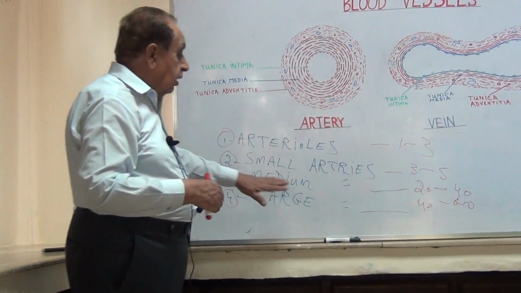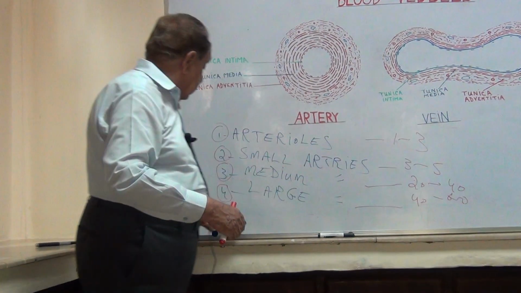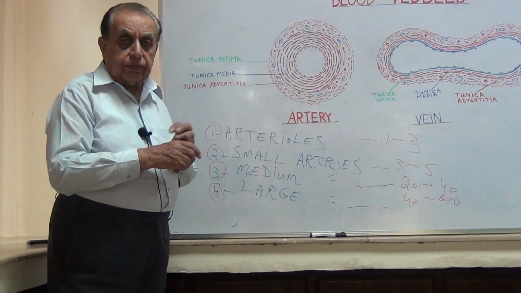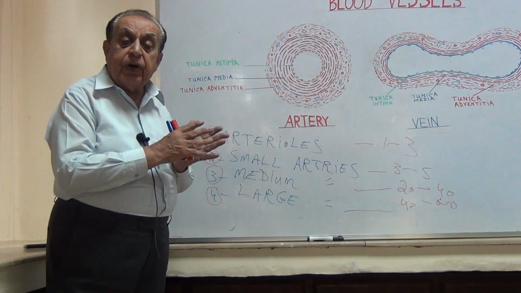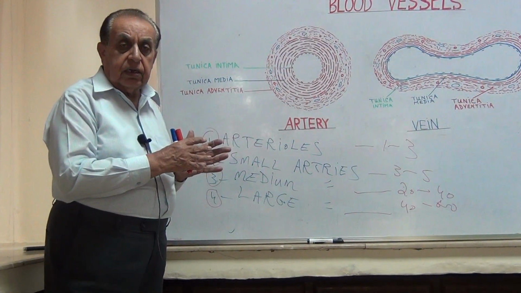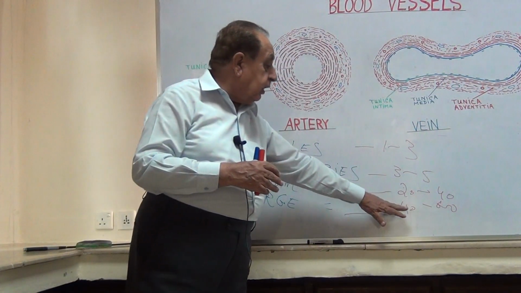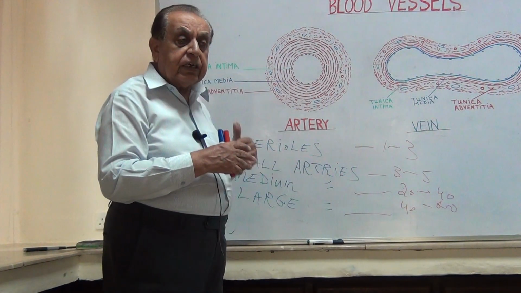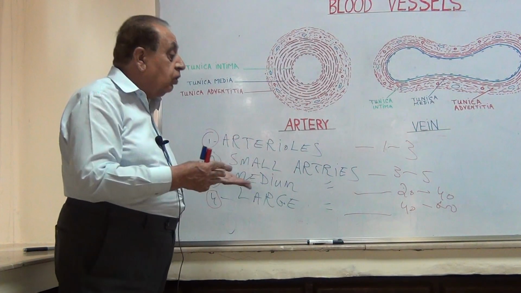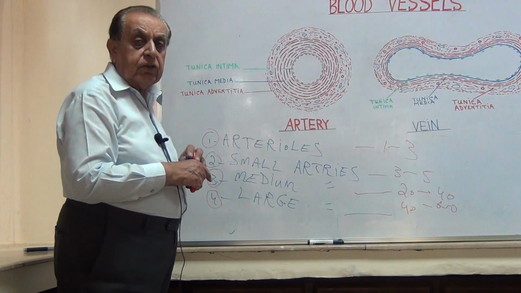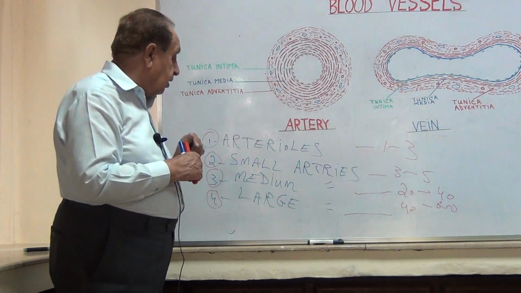But here I have to mention that in large arteries, the smooth muscle fibers are less, and it contains mostly elastic fibers. The elastic fibers are more than the smooth muscle fibers. Smooth muscle fibers are few in number.